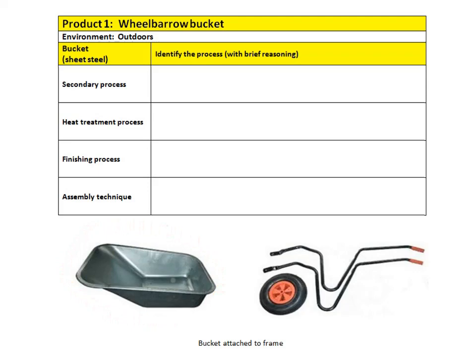But then the final assembly technique is about the second bit that it's going to attach to. So in this case you can see it's a wheelbarrow, and we've got to assemble the bucket of the wheelbarrow on the left to the frame on the right. So the assembly will be to do with that, the meeting of those 2 parts. Okay.